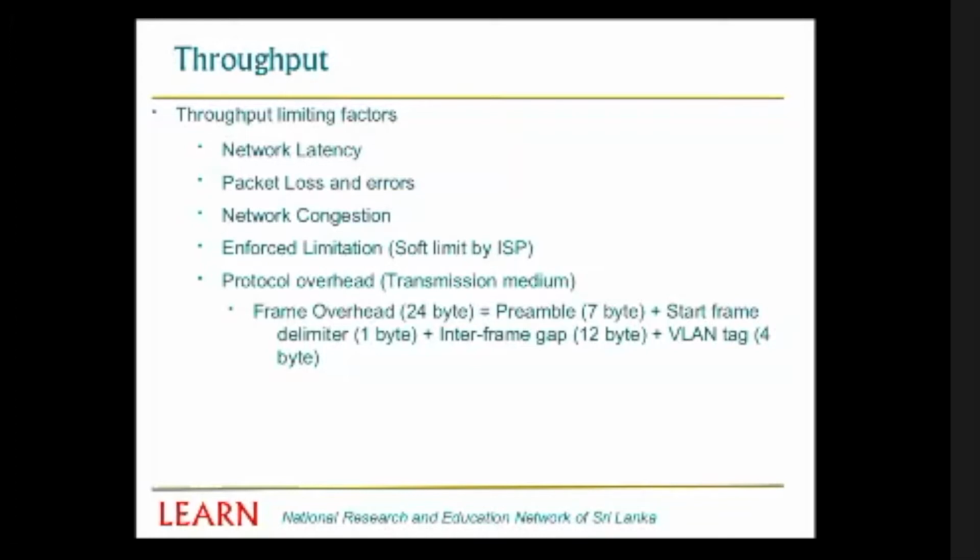Even if you have a 1 gig connection, you only get a 100 Mbps link. The other one is protocol overhead, which happens in a transmission medium like a switch interface, router interface, or cable. We'll see what these are one by one.